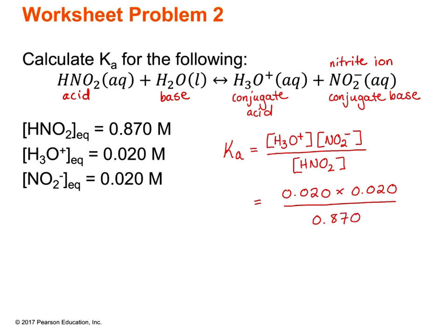I didn't include any units here because acid ionization constants, similar to equilibrium constants, are unitless. If you want to pause the video and calculate this yourself, you can. The value that I got was 4.6 times 10 to the negative 4th. And if we looked this up in a table, we would find that it should match the value listed.